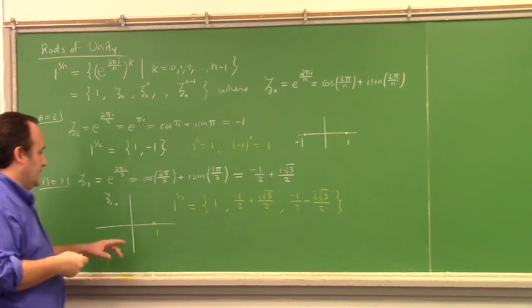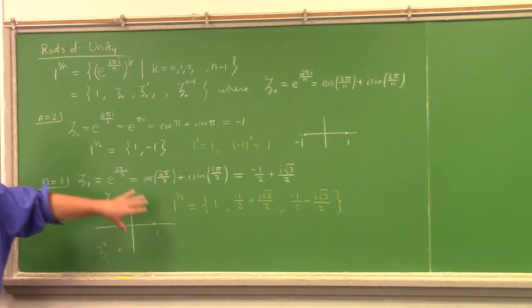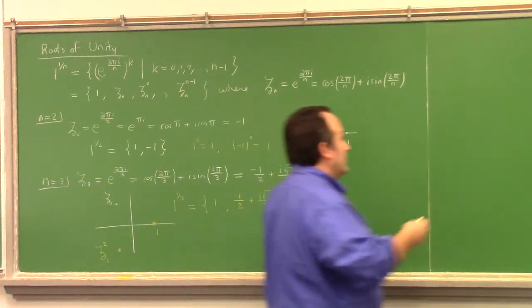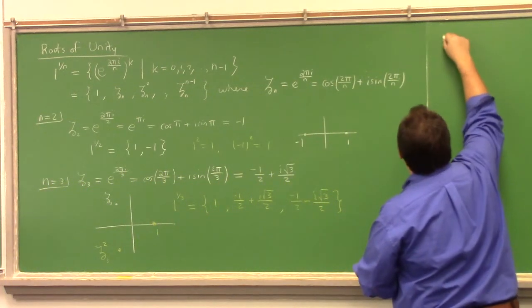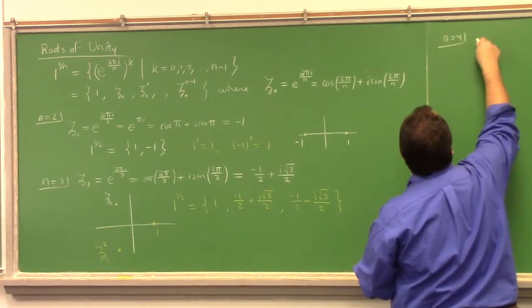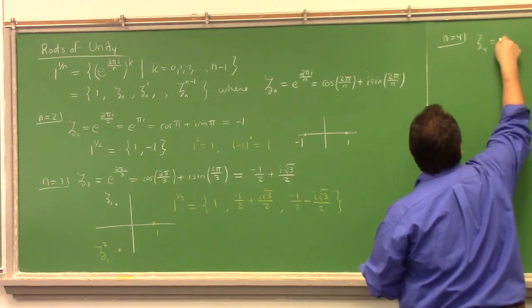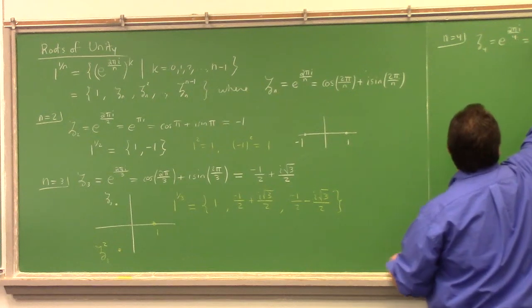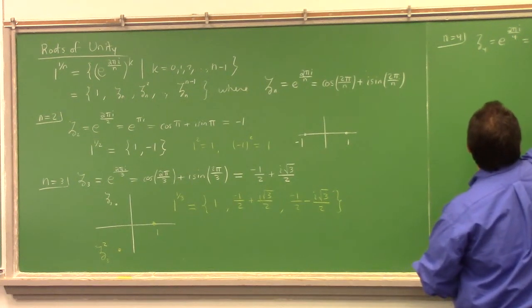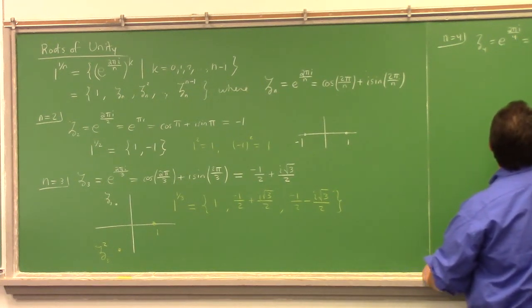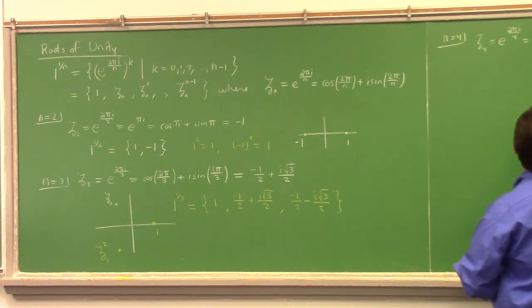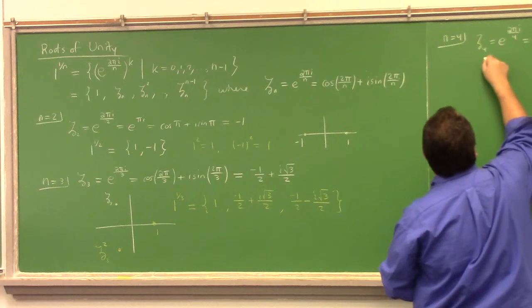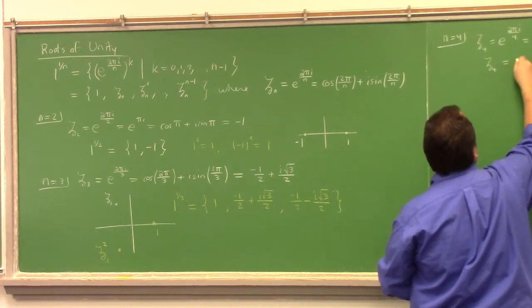But you should start to notice that they're symmetrically arranged around the origin. If we get n equals 4, we have zeta 4, e to the 2 pi I over 4, which is e to the pi I over 2, which, remember, is cosine pi over 2 plus I sine pi over 2. So zeta 4 is I.